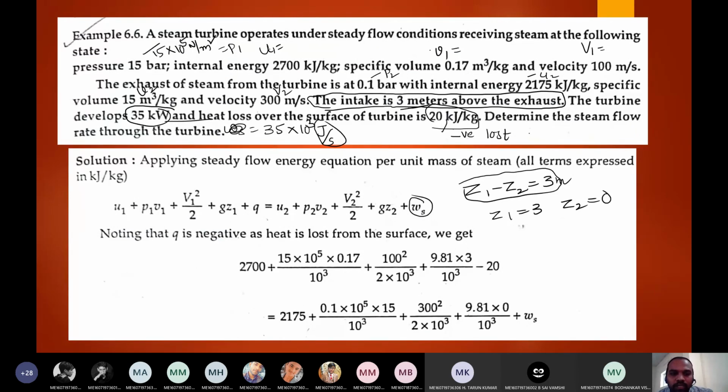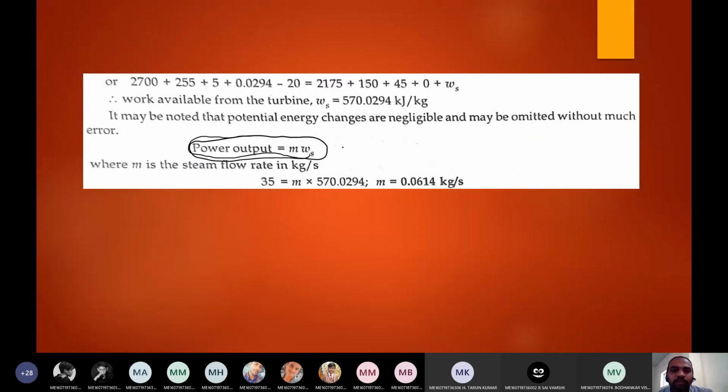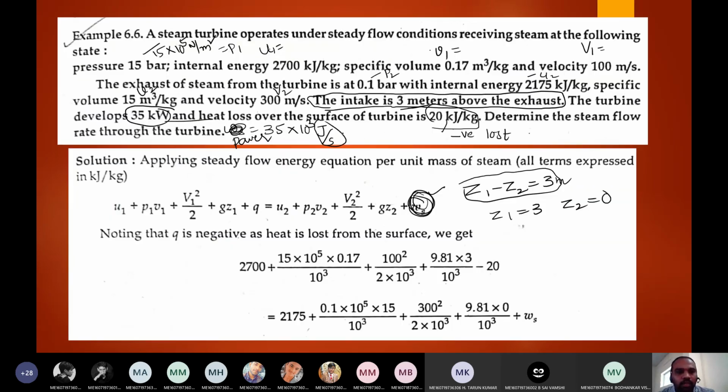It is in joules per second. What is power? Rate of doing work. Rate means with respect to time. So in this equation, the work is unknown. Work you calculate first. Once you know work, then power can be calculated by multiplying with mass flow rate. So mass flow rate is given or not? Check it. Mass flow rate through the turbine.